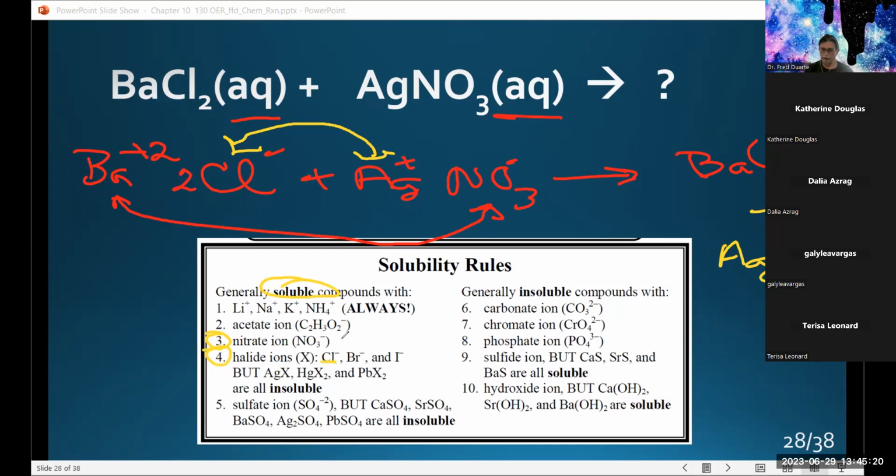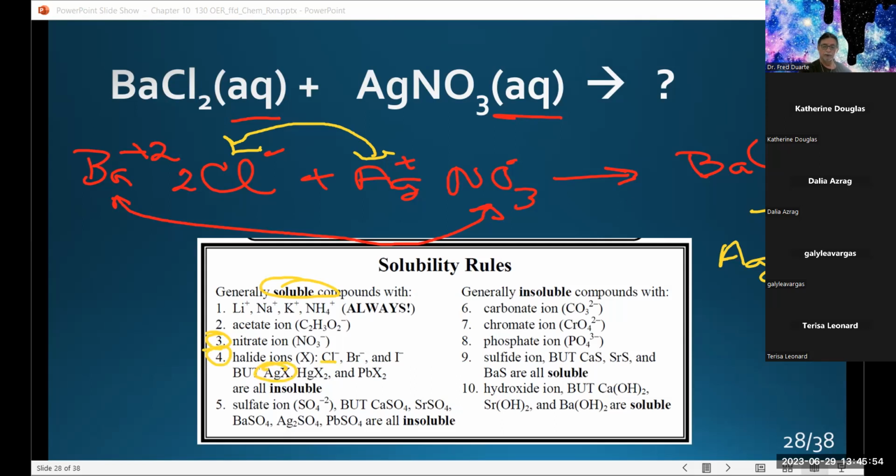Normally, the chlorides are soluble unless it's bonded with the 3 heavy metals, of which silver is one of them, which tells you that silver chloride is insoluble, so we put an s because it's a solid. It will precipitate, it gets cloudy in the container, and then if you let it sit, the solid will settle down into the bottom of the container. So we have a positive reaction, okay?